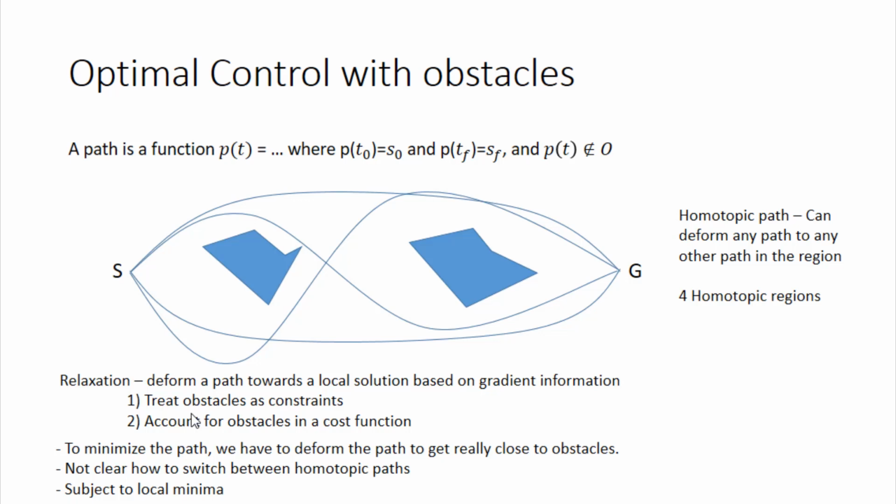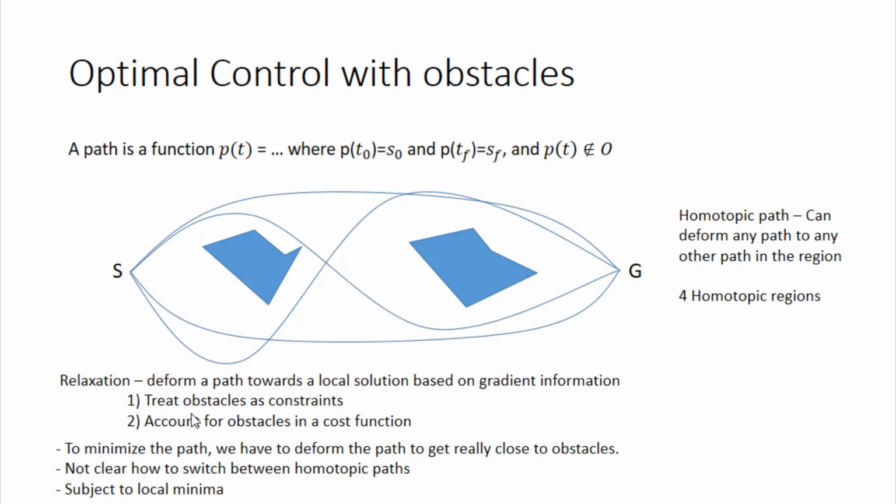Or you can try to account for obstacles in a cost function and say, okay, I'm trying to minimize this function. So the obstacles aren't necessarily restricting how I'm trying to move, but I still want to find a way that minimizes this cost function, minimizes how close I get to the obstacles.